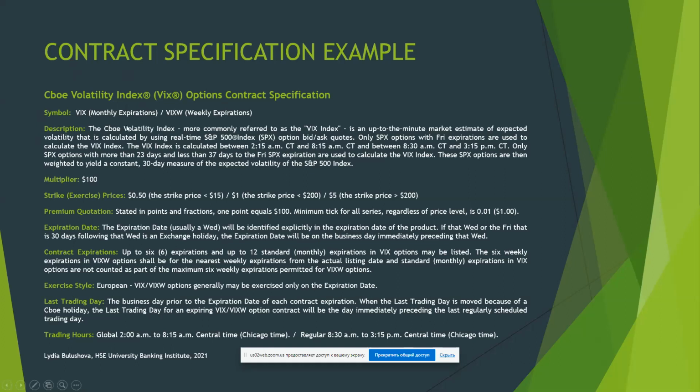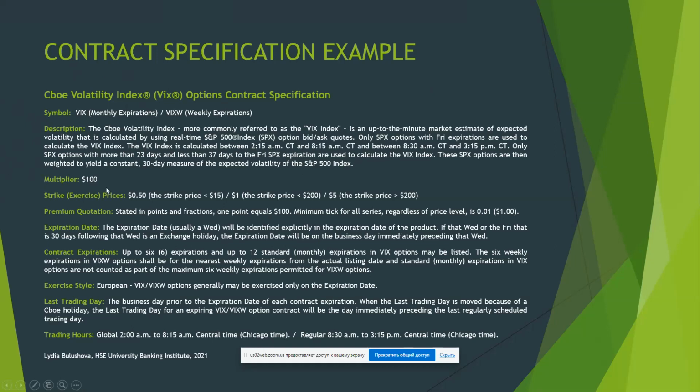That's first of all the most important part. The contract provides a description of how the index is calculated, what this index is, what it means, trading hours, and so on. So the description is a description of the underlying.